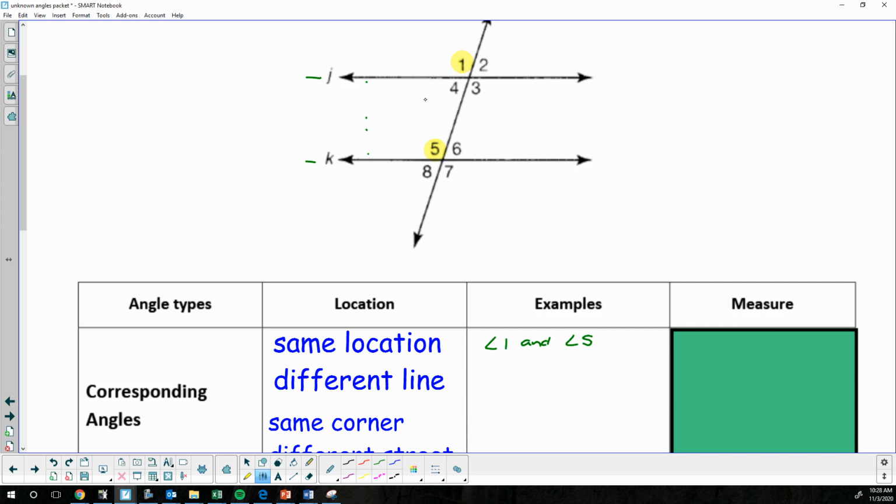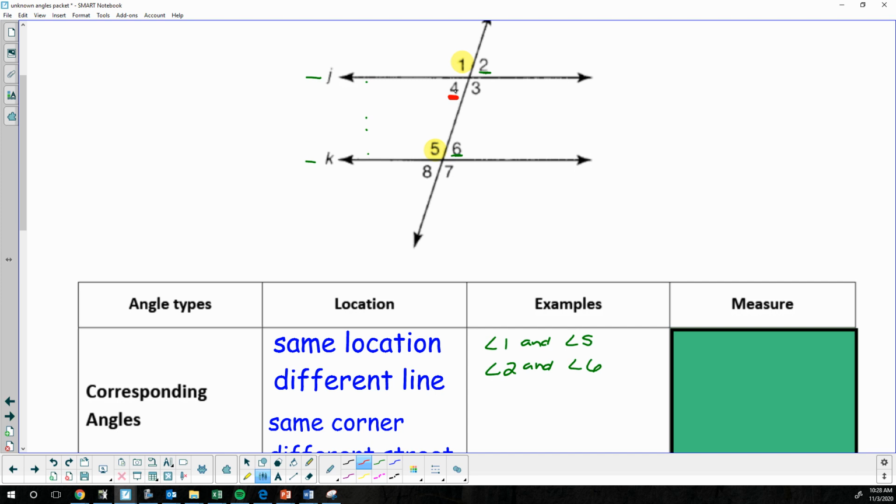You can do that with every corner. Here's angle 2, which is in the upper right-hand corner of line J. Going down to line K, the one in the upper right-hand corner is 6. So angle 2 and angle 6 are corresponding. We can keep going with the lower left-hand corner.